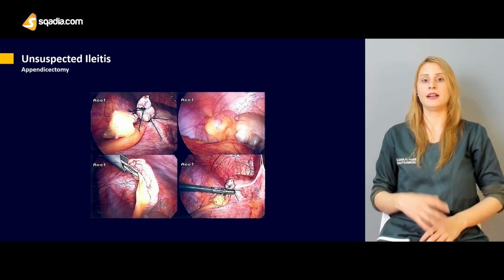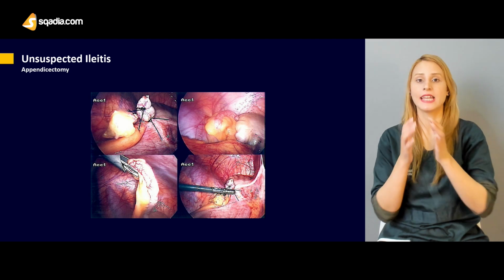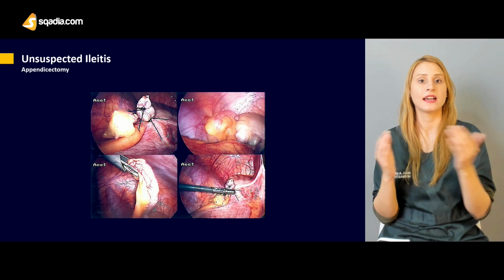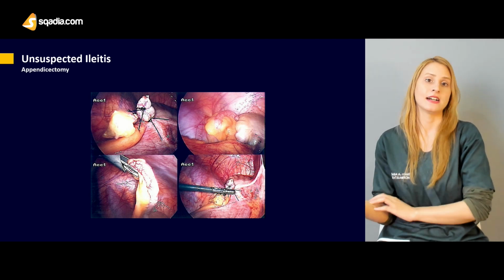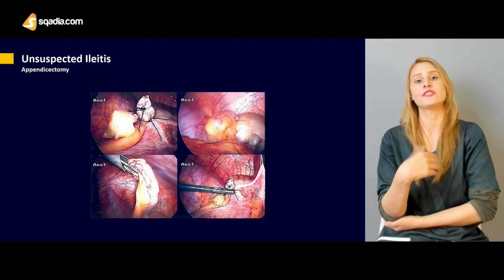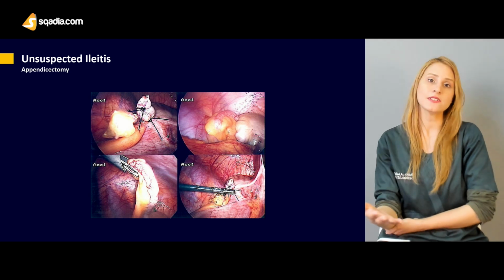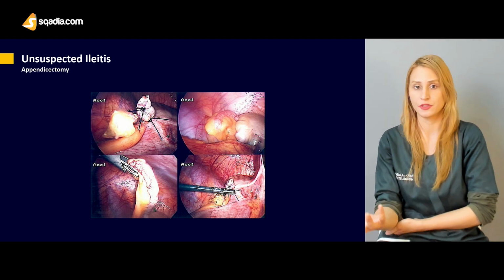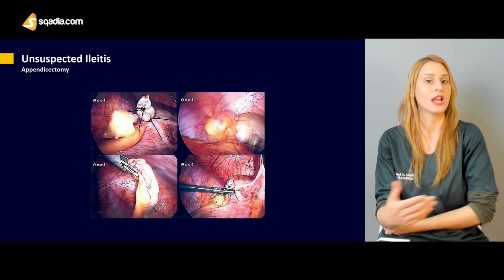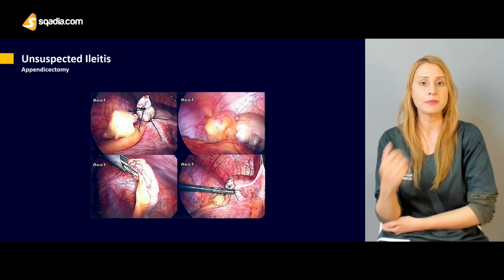So the guidelines say that if the appendix is not acutely inflamed, then in case of Crohn disease there are chances of the formation of multiple fistulas. In case of fistulas, the patient will again report to you with the same complaints, and then you have to do a proper repair, resection, anastomosis and fistula repair.